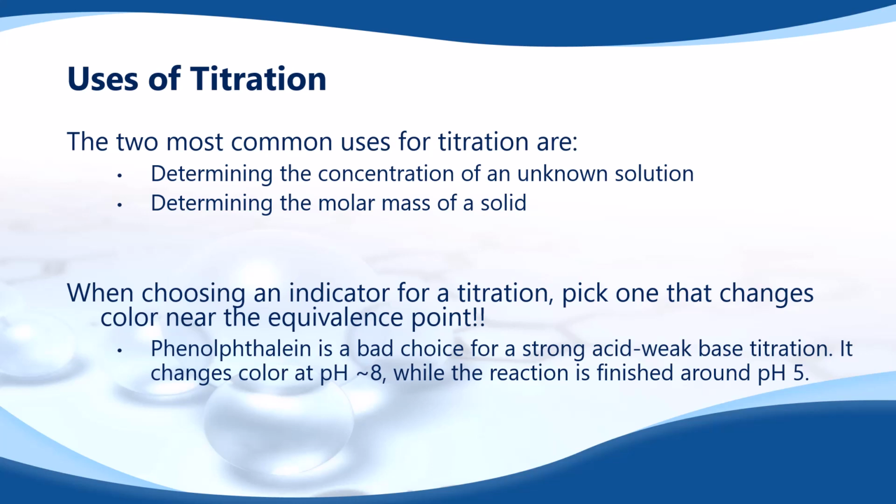We would probably want to use something like methyl red, which is going to be red at a pH of below 5, but yellow at a pH above 5, orange at around 5. That indicator would probably be a much better one for this particular combination. And I'm going to ask you which indicator would be best for a certain reaction.